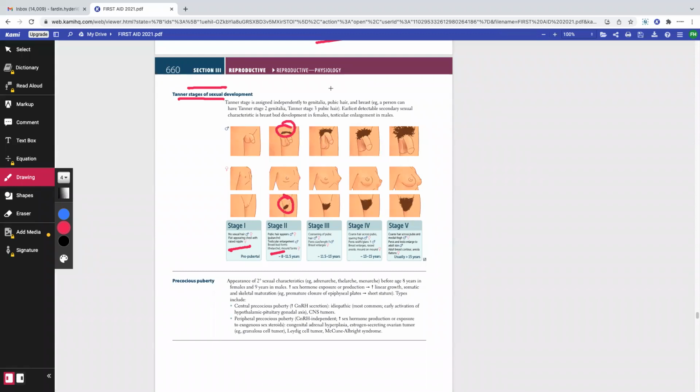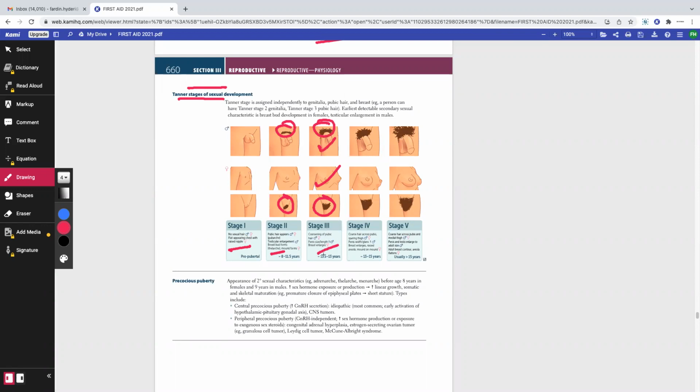Very important. Then the difference between stage 2 and stage 3: in stage 2, there is appearance of pubic hair in males and females, but there is no growth of the sexual organs. Along with pubic hair, now in stage 3 you have enlargement of the sexual organs, so enlargement of the penis and enlargement of the female breasts.